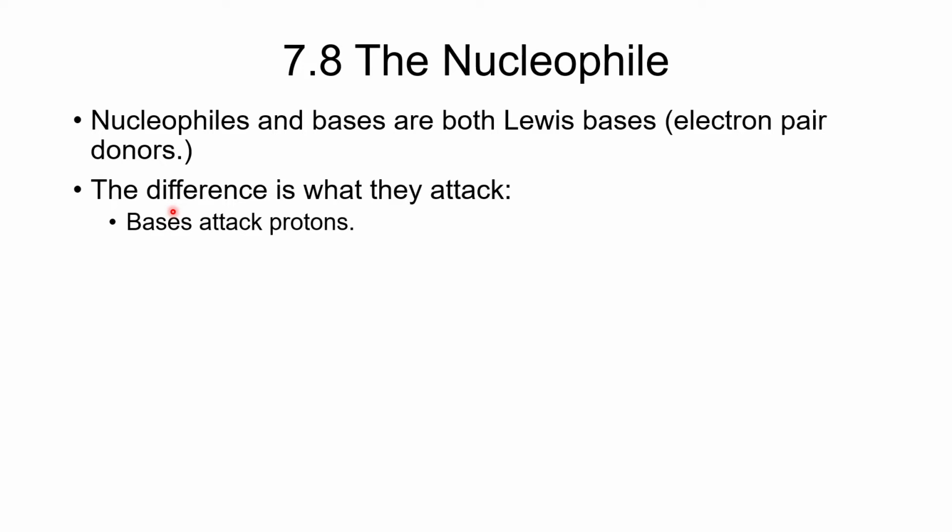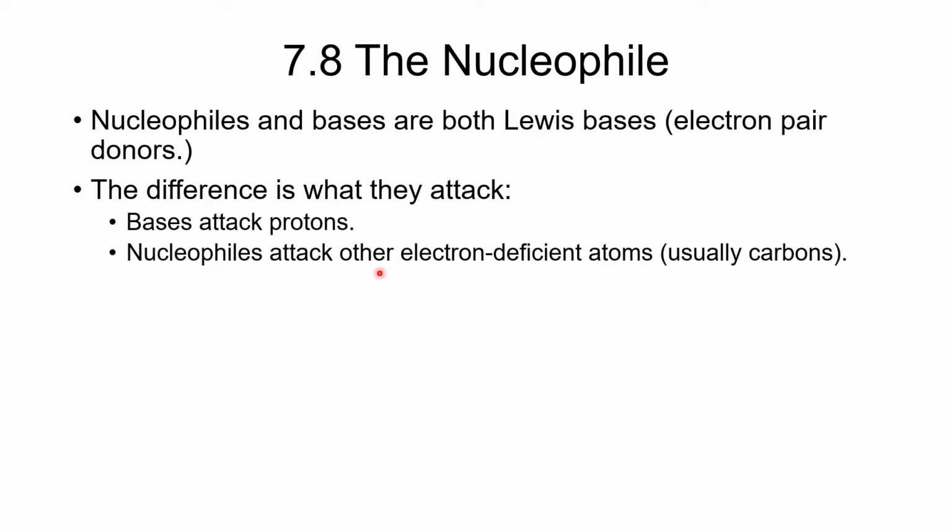Bases will attack protons, so they will react with a hydrogen and remove that hydrogen. Whereas nucleophiles attack other electron-deficient atoms, and usually we're talking about carbons, and for the purpose of this chapter, that's all we're talking about. For other chapters, we could be looking at things like sulfur or other atoms that could potentially have a partial positive charge, but in this chapter, it's entirely carbons.